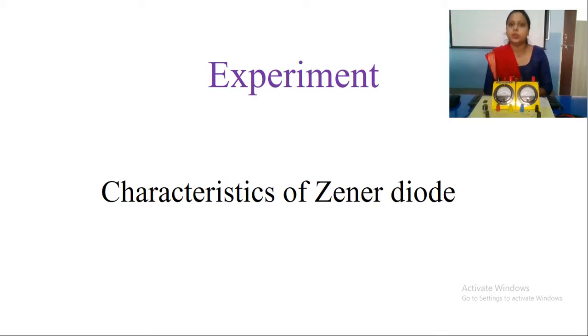Firstly you have to know the theory, like the formation of Zener diode, what the characteristics of Zener diode are, and what its application is over the PN junction diode. All these things you have to know in detail. Then only you will understand what we are going to do in this particular experiment, which is just for studying the characteristics of Zener diode.